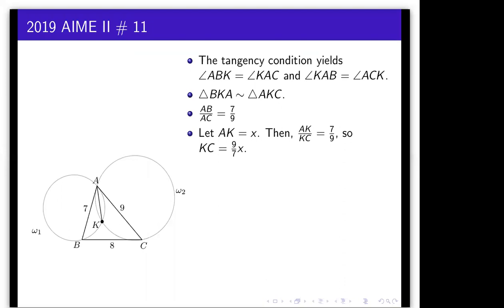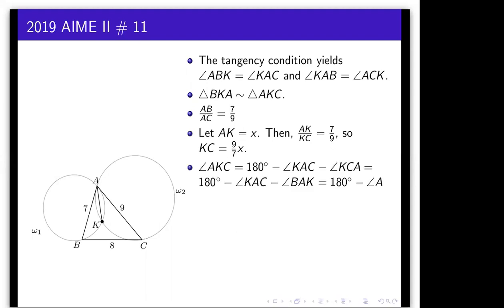So we are going to look at angle AKC and try to find out what it is in terms of angles A, B, and C. Angle AKC is 180 minus angle KAC minus angle KCA. Because of the similar triangles, KCA is equal to BAK.